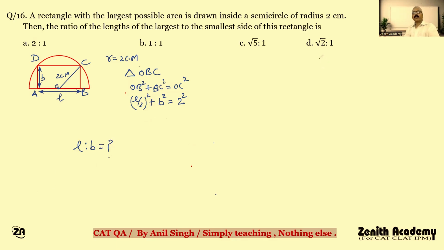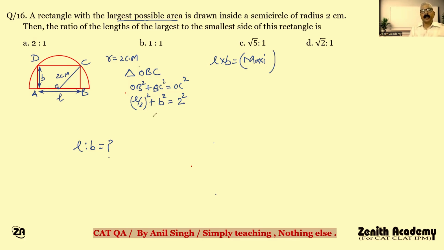Okay, now see the solution of this question. Actually here, this rectangle which we have drawn inside this semicircle has the largest possible area, which means L into B is the maximum possible area inside this semicircle. This is important to find in this question.